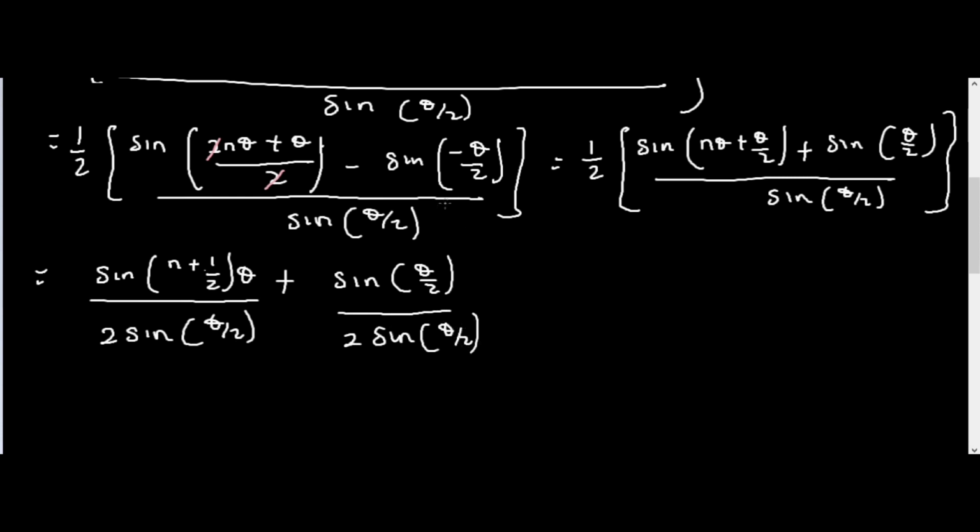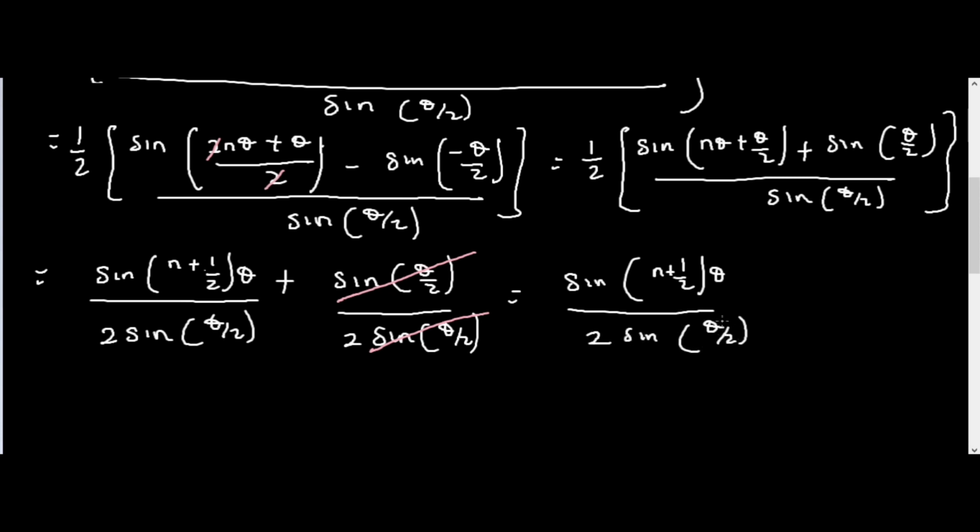Obviously, you're already screaming the answer. So this goes to this. So I have 1 over 2 there. And bam, you have your answer. I have sine of n plus 1 over 2 theta over 2 sine of theta over 2, right? Then plus 1 over 2.